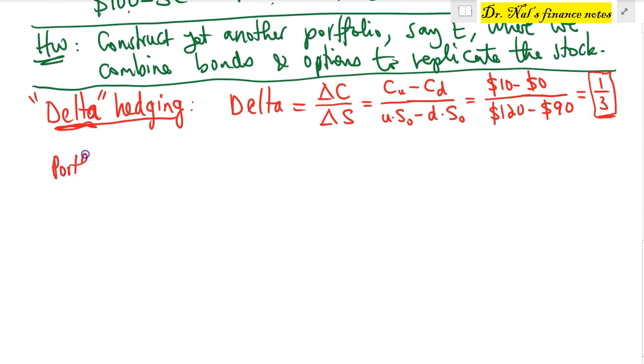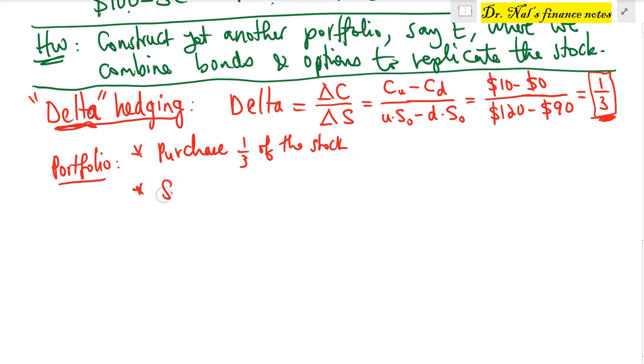Consider the following portfolio, which is basically the same as the one I did earlier, but slightly different. So in your portfolio, you have 2 things. Purchase exactly this amount, 1/3 of the stock, and write 1 call option.